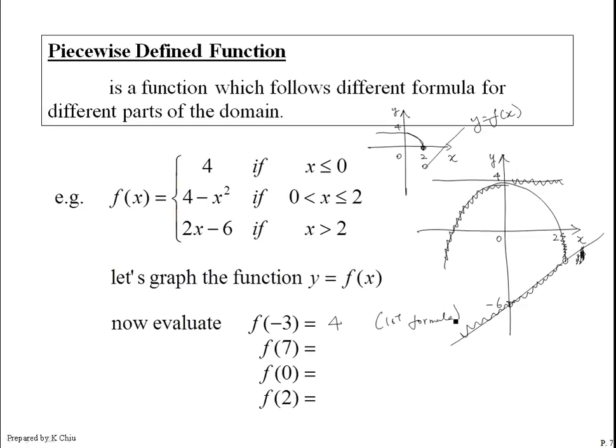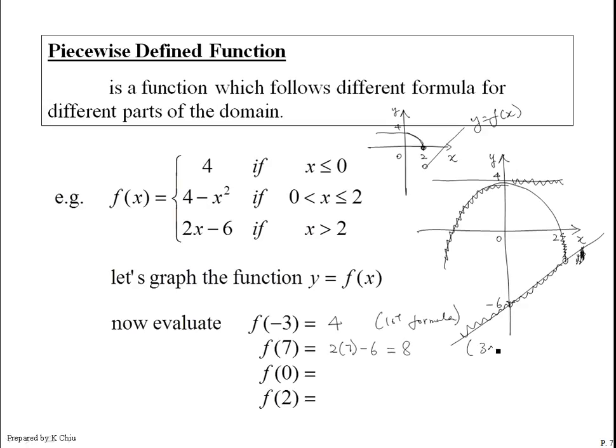What about f of 7? Which formula do we use? The third one. 2 times 7 minus 6 gives you 8.